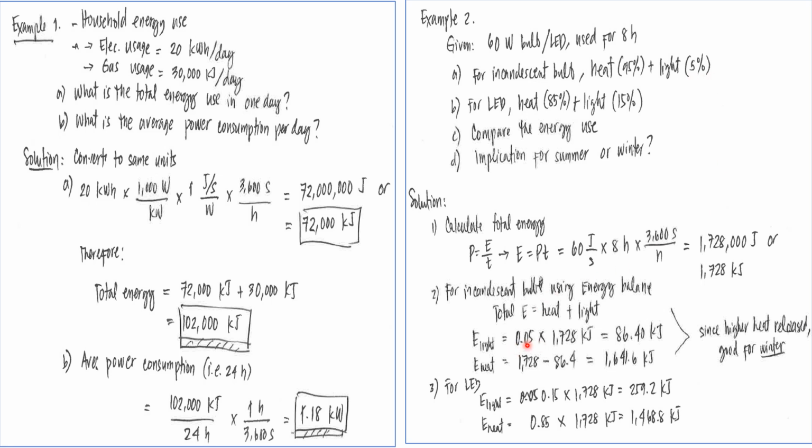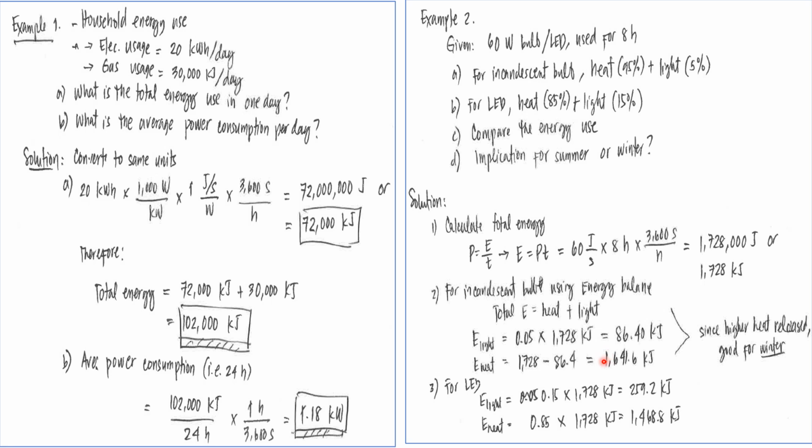So 5% times the total energy, which is about 1,728 kilojoules, means the energy needed for the light alone is 86.40 kilojoules. With the energy balance, the remaining is for heat, so we can subtract this amount from the total energy. 1,728, the total energy, minus the energy for lighting, is equal to 1,642 kilojoules. This energy is lost as heat.